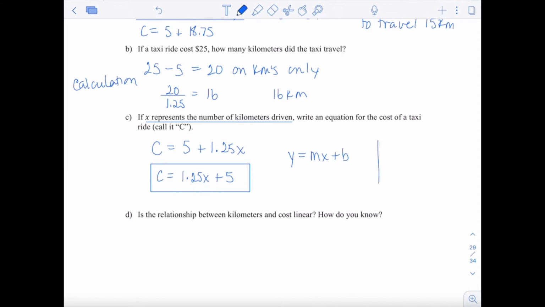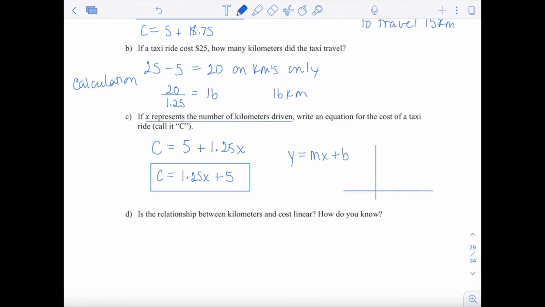And if you think about it, if I were to quickly sketch this out, I would see a y-intercept at 0.5, and then I could look at my slope as 1.25. Another way to write 1.25 is 5/4.